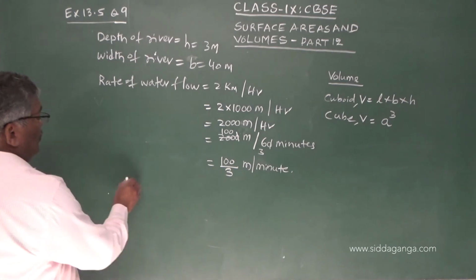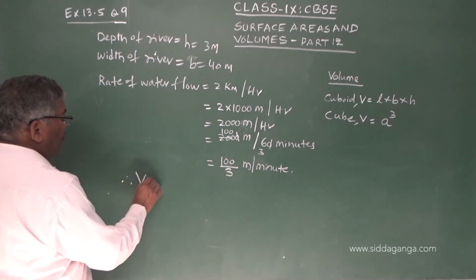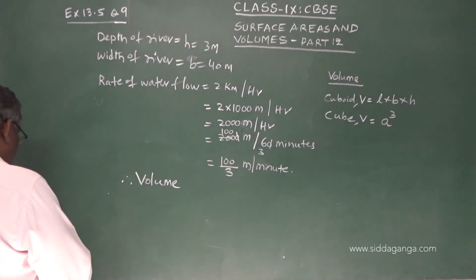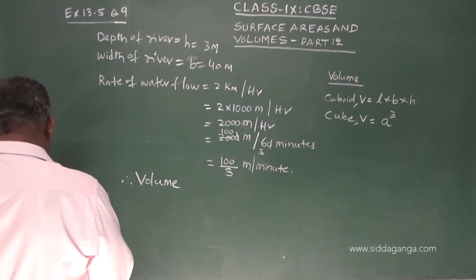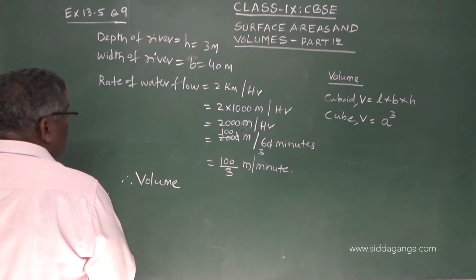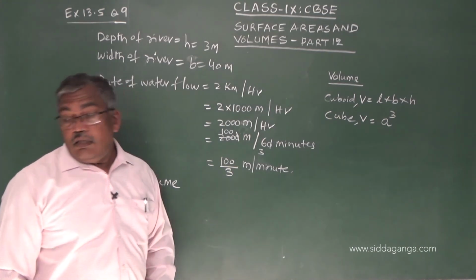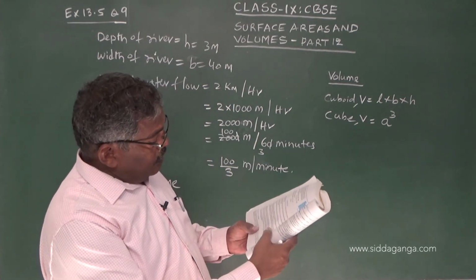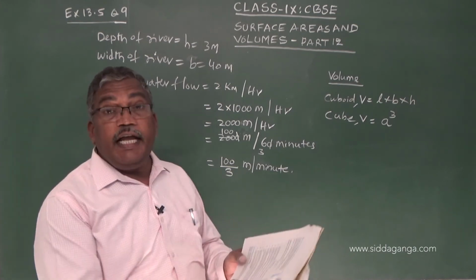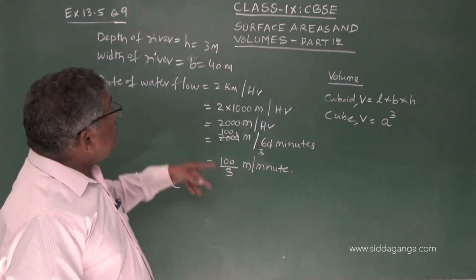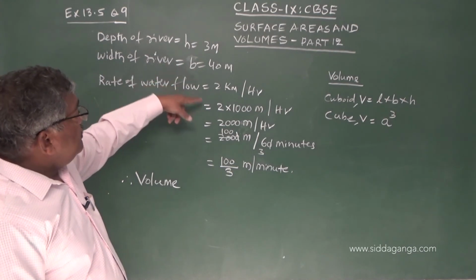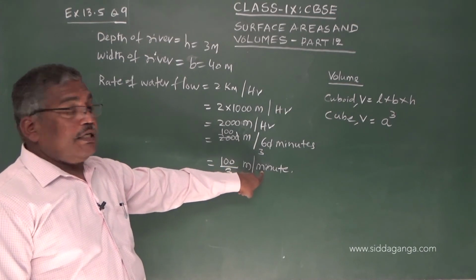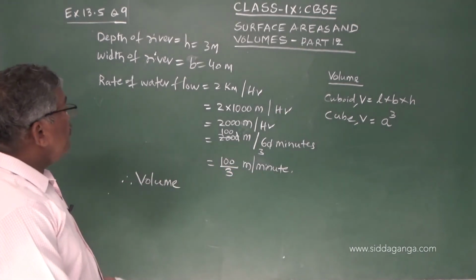So therefore, volume of water. The question is how much water will fall into the sea in a minute. So that means for 1 minute, we calculate per minute here. For 1 minute, how much water will flow.